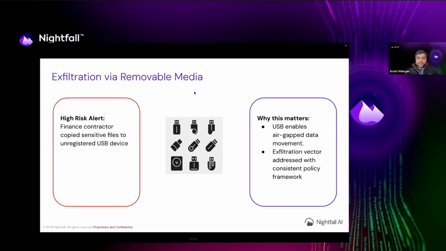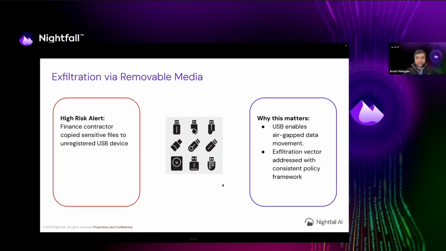This is especially important because USB is a traditional vector, of course, pretty commonly supported, but external media enables you to exfiltrate content with an air-gapped approach, and it's a pretty common vector that we've seen being asked for by quite a few of you on the call today.